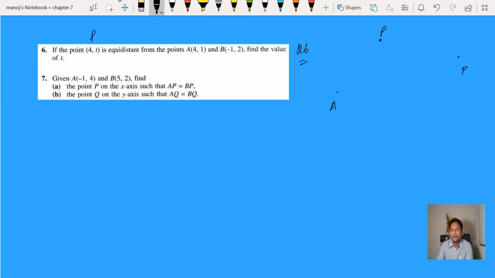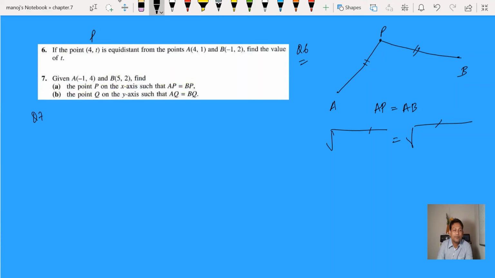The distance of A with P and P with B, both are equal. So you can write an equation, AP is equal to AB. You can use the distance formula on both sides. Root and root cancel out. When you take the square, use the formula and you can get the answer. There is no problem to find the value of t.